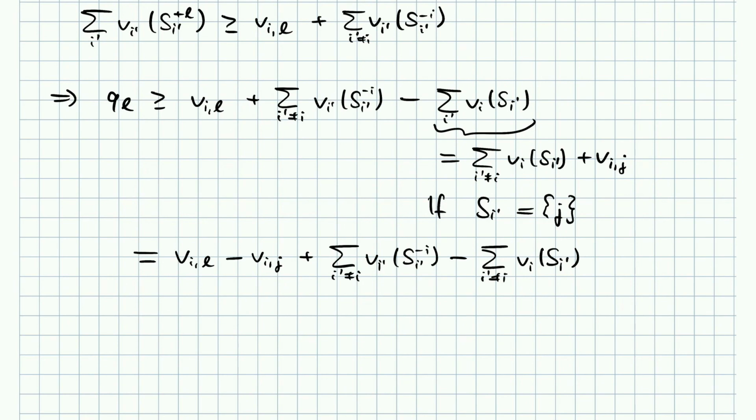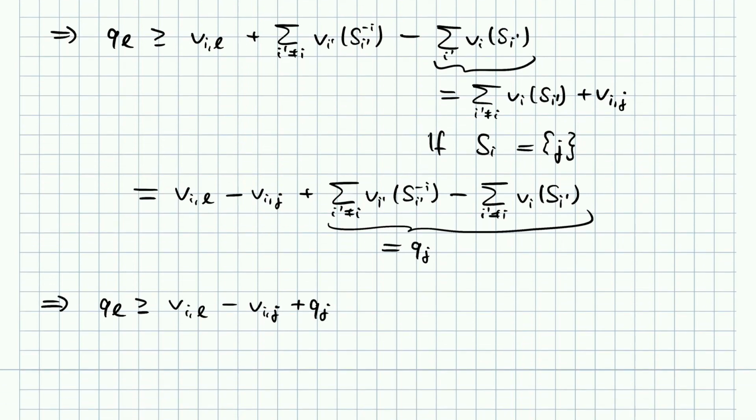And how big is this? This is the exact definition of Qj that we were starting from if bidder I is getting item J. So what we're getting here is that QL will be at least VIL minus Vij plus Qj, or equivalently VIL minus QL will be at most Vij minus Qj.